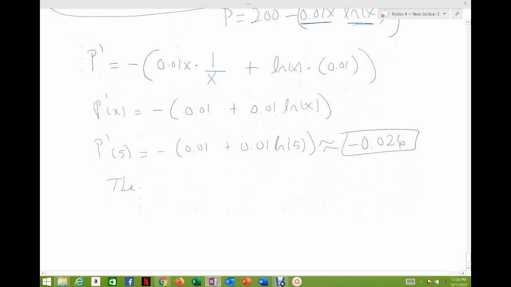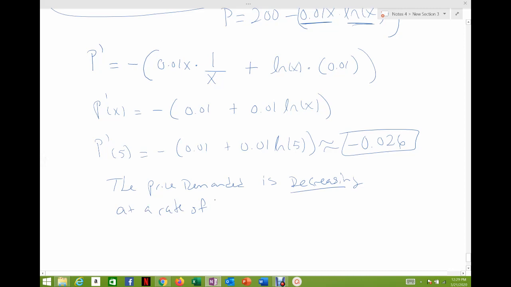So the price demanded is decreasing, right, because it's negative. That's why that negative is important, because decreasing is very different than increasing.